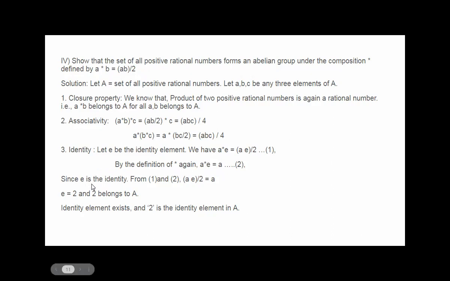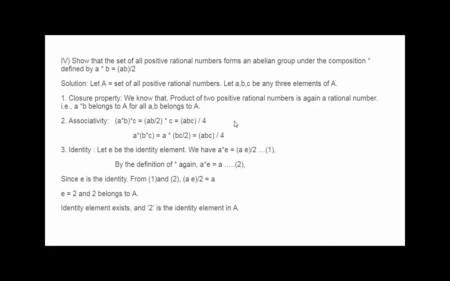Since e is the identity, from 1 and 2, we can write ae by 2 is equal to a. Because the operation given is a star b equals ab by 2, a star e means multiplication of a and e, divided by 2.